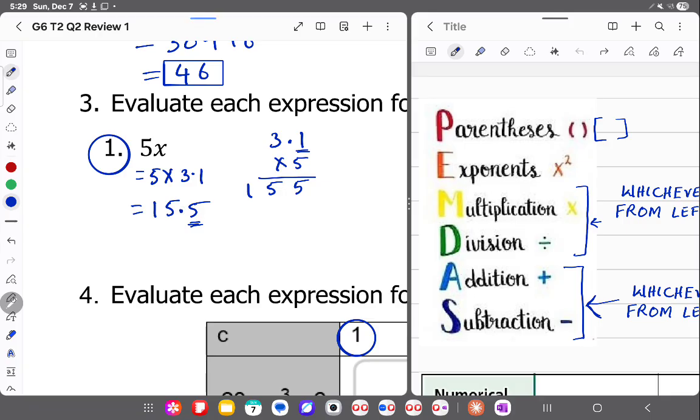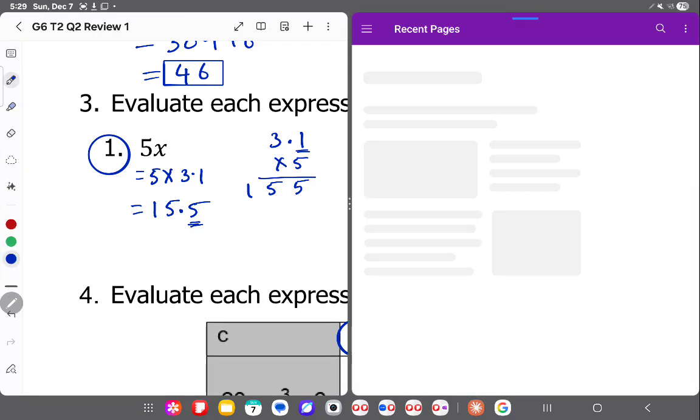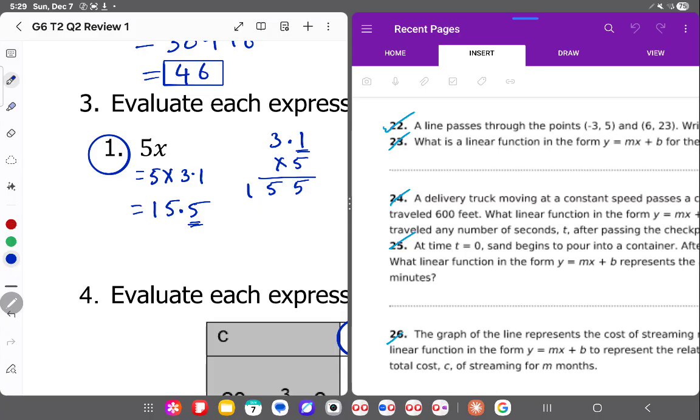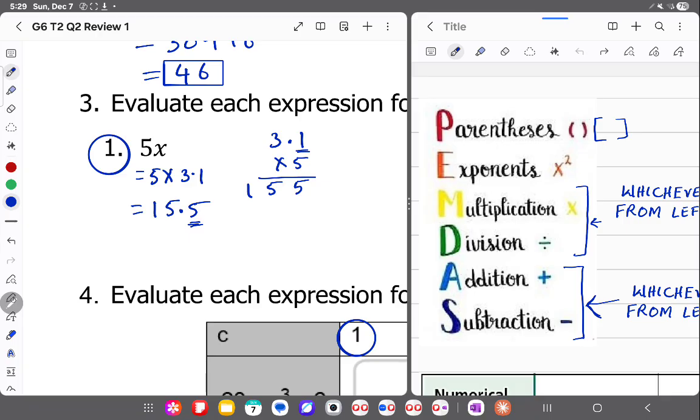Let's say it was not 3.1, let's say it was 0.31 times, not 5, let's say 0.5. So you multiply normally without the decimal, which means 31 times 5, and you get 155, correct?